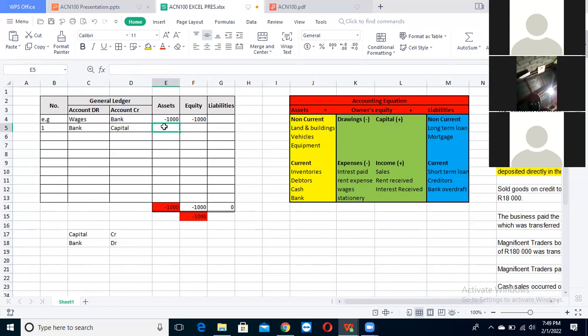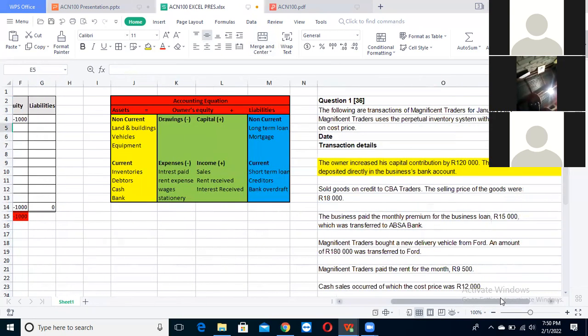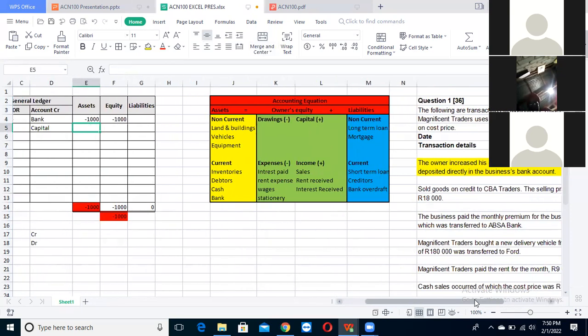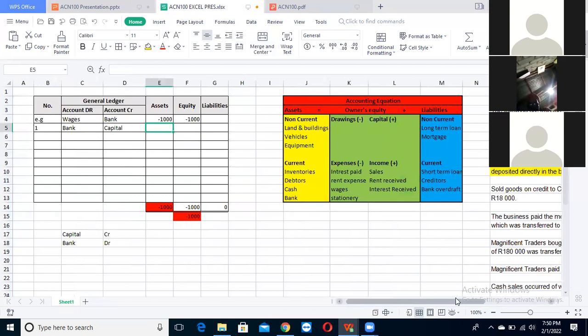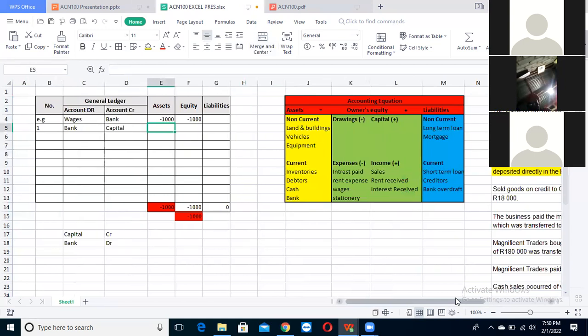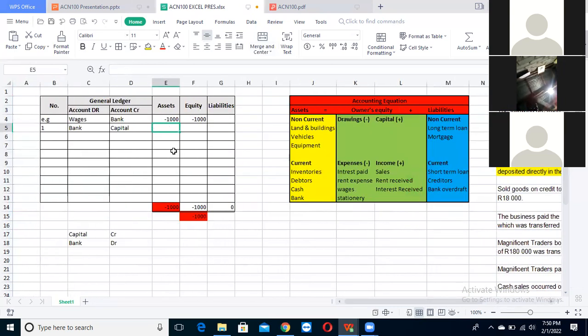We are receiving money in the bank and therefore it must be shown with a positive sign, but we don't spend our time on writing the positive sign because we know the moment we present a number without a sign at all, it means it's a positive number. So we are increasing the bank with how much? With 120,000 rands. We're increasing the bank with 120,000 rands.